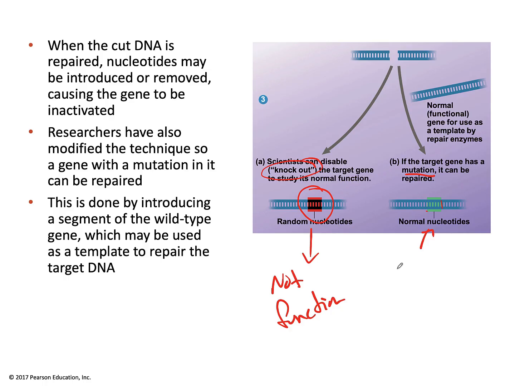So you can take something that has been mutated or is causing disease and actually replace it with the correct nucleotides in order to repair that DNA. So this is a potential use for gene therapy or editing genes in order to go from maybe a mutated disease like sickle cell or cystic fibrosis and fix it to make it so that it works properly.